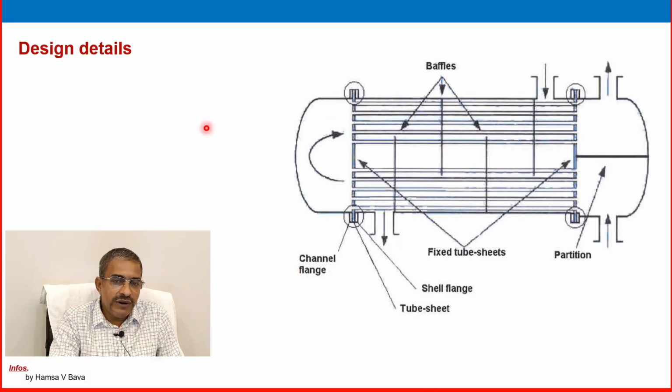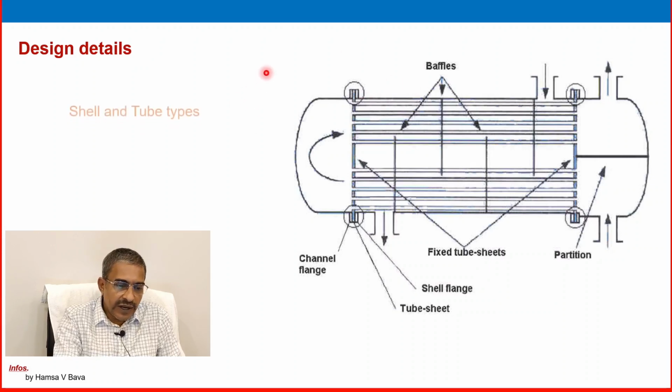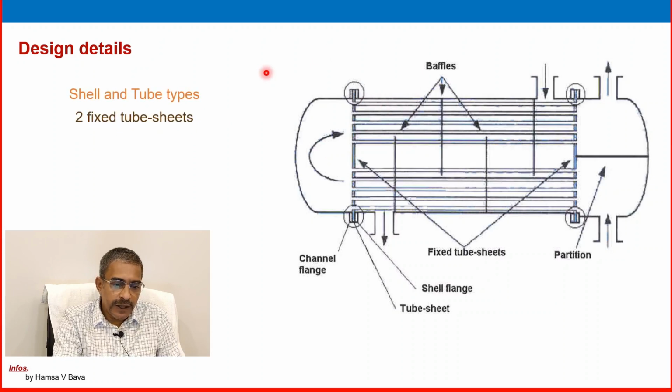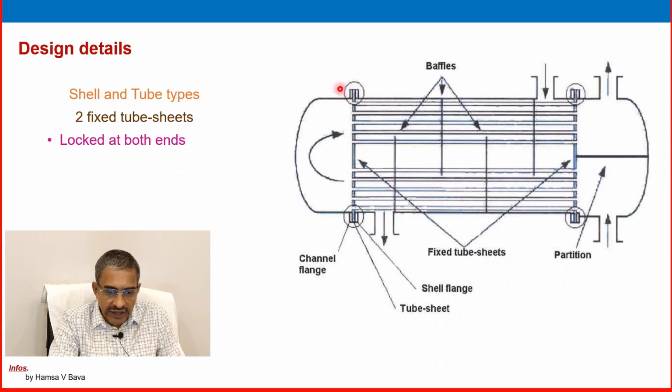So now we will discuss some design details of heat exchangers, the various details in shell and tube heat exchangers. In the shell and tube type, the tube sheet is fixed, you can see here, the tube sheet is fixed. This is one bundle of tubes and this is one bundle of tubes. That's why there are two fixed tube sheets locked at both ends.